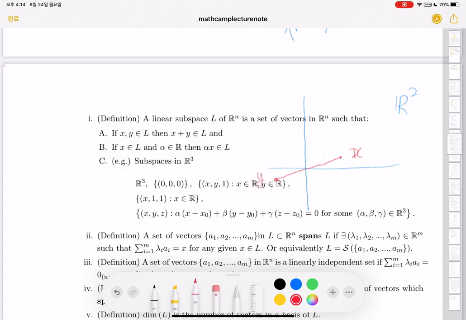And what is the linear subspace that both x and y span? It's a line, right? It's basically the L1.